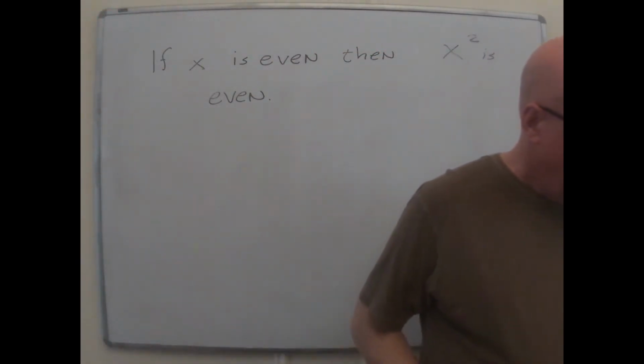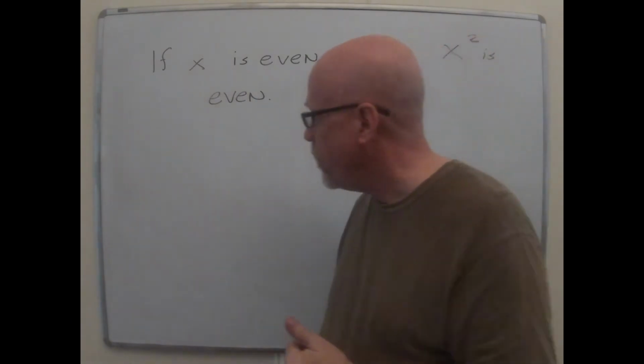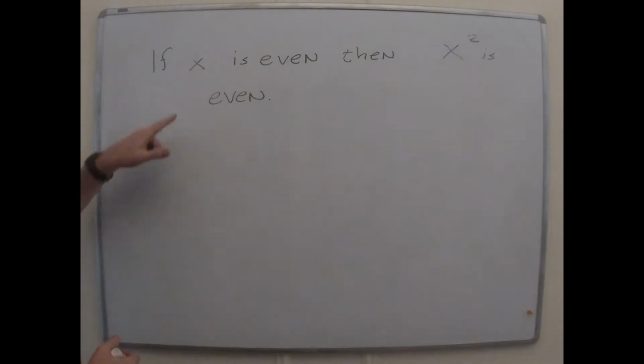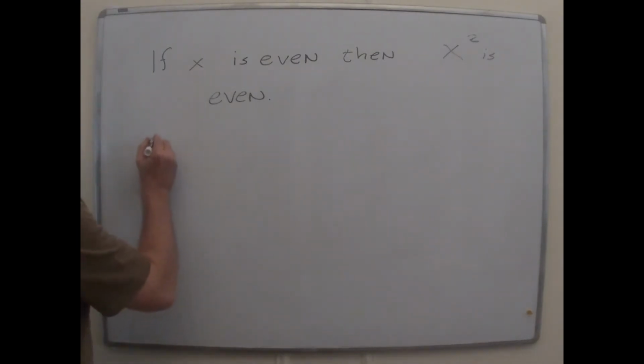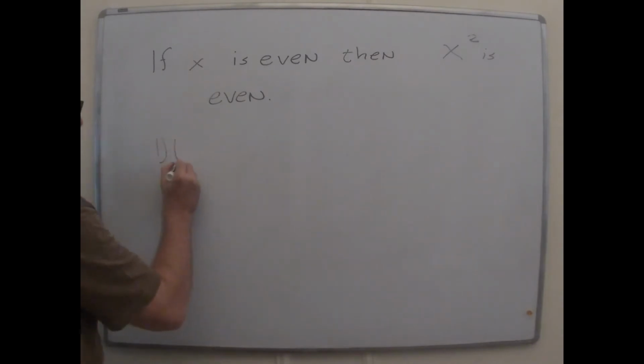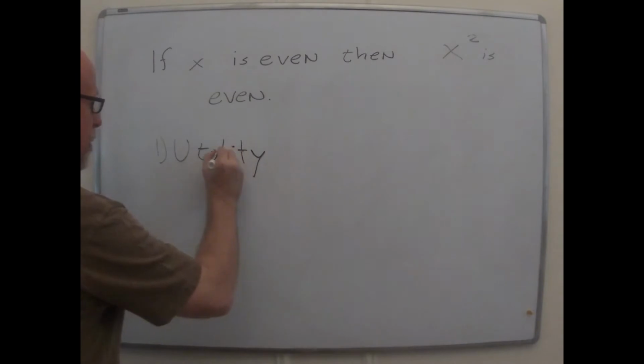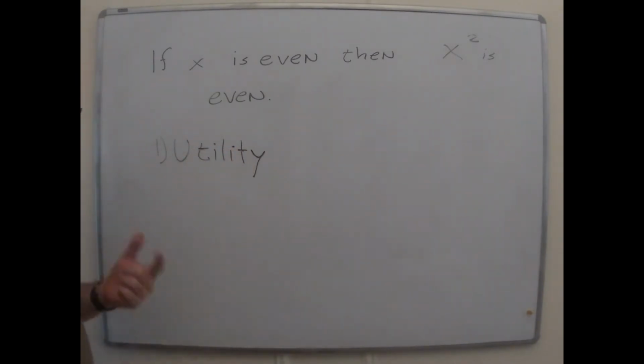The book makes two comments about the utility and the reasons why one might use a variable in a sentence. And the first comment I would call utility. If you write a sentence with an x in it, you can often use that to go back and figure out what x is.